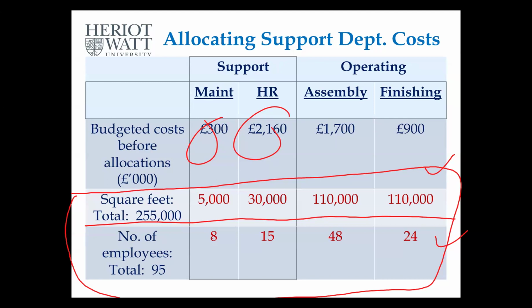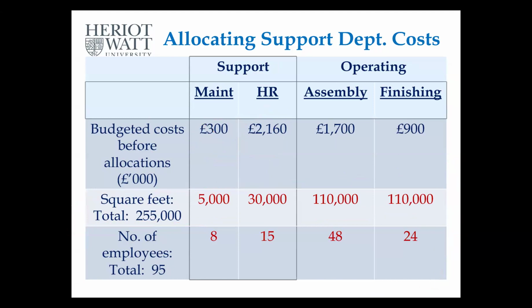Which one is most appropriate for human resource management to share this cost? The number of employees. Then for maintenance, you can use the square feet as the basis of apportionment.